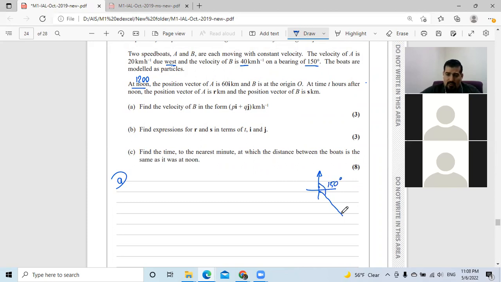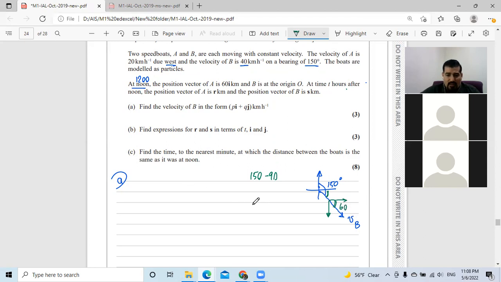So this is the direction of the velocity of B. We can resolve it into two components: one acts along the x-axis, to the east, and one acts along the y-axis, to the north. How much of the angle is left? 150 minus 90, which is 60 degrees.